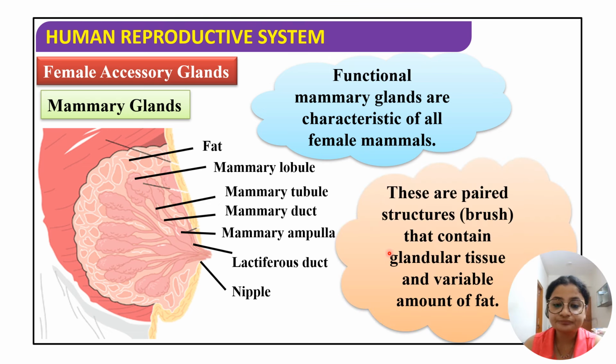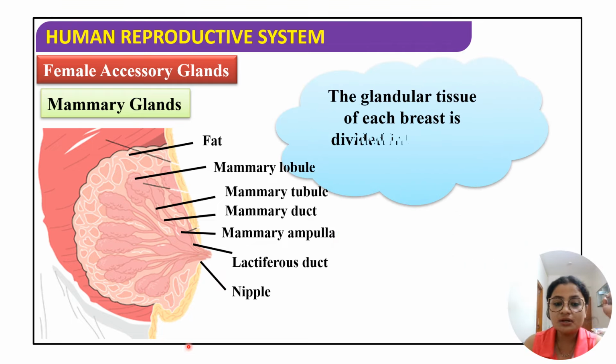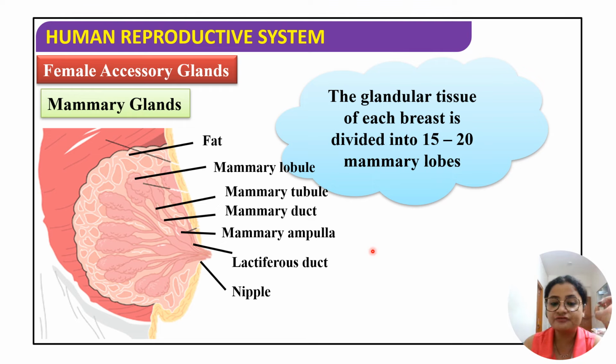Okay, these are paired structures that contain glandular tissue and variable amount of fat. The glandular tissue of each breast is divided into 15 to 20 mammary lobules. Okay, तो ये जो mammary lobules है, ये अगर count करेंगे, for example, let's count 1, 2, 3, 4, 5, 6, 7, 8, 9, 10, 11, 12, 13, 14, 15.